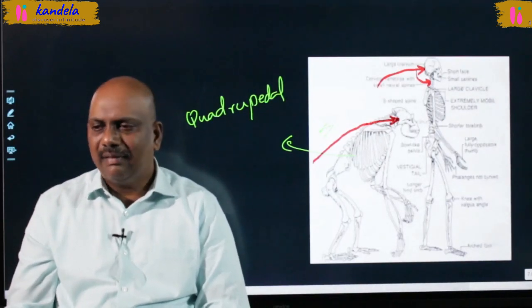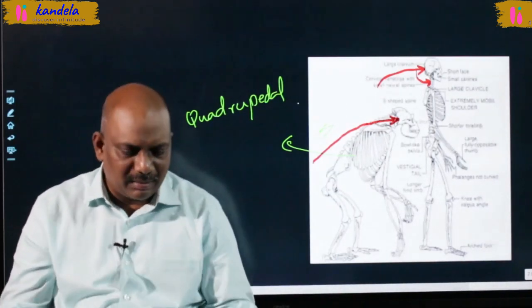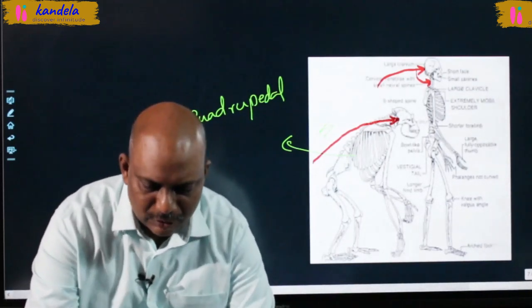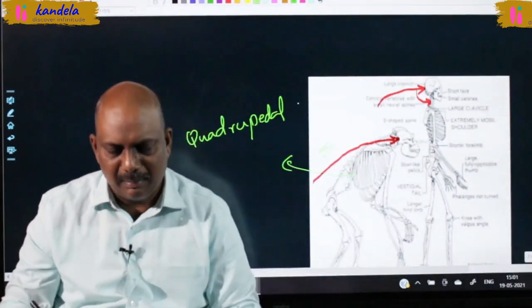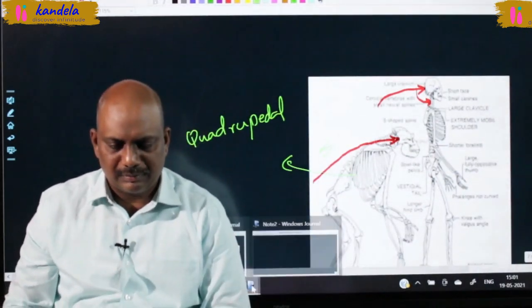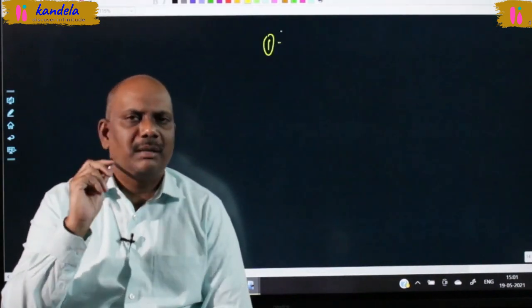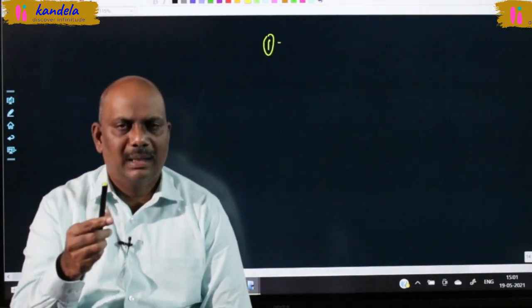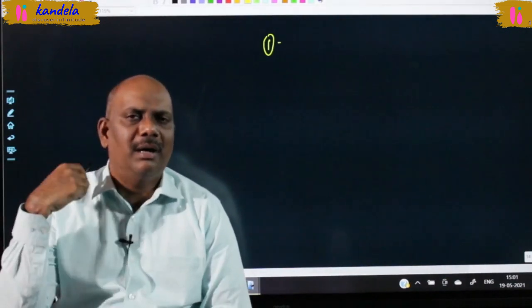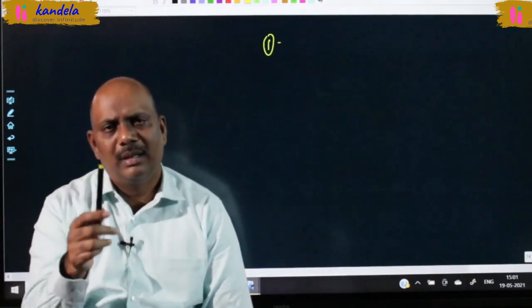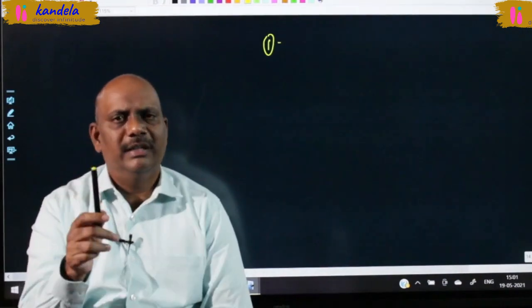Shall we revise it one time, the anatomical evidences to show that we have a bipedal locomotion. Number one, more centrally placed foramen magnum. Presence of curve in the lumbar region of the backbone. Bowl-shaped pelvis.